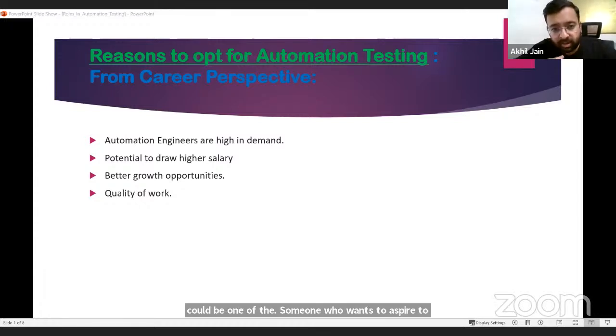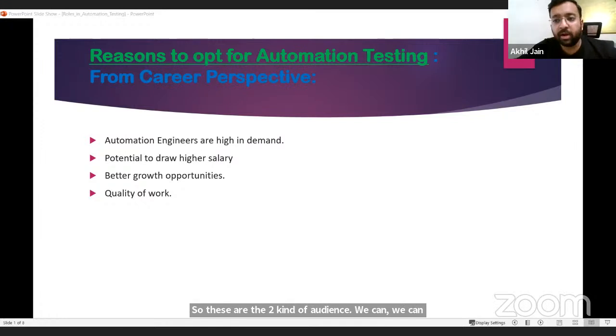Second is someone who is starting fresh, who is an intern or who is looking out for automation testing as a career. For him or her, the area is unexplored, and they may not have an idea about what exactly automation testing is. But in the other case, where someone is already into manual testing, he knows what value automation testing brings in. So these are the two kinds of audience we can think of.